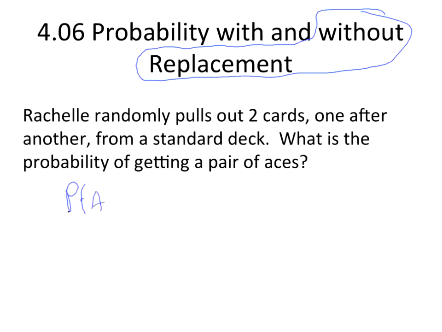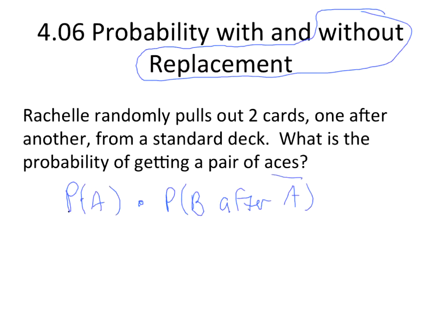She pulled one, she pulled another one. So our formula is the probability of A times the probability of B after A. This is going back to the general definition. We're going to fill it in with real words in a minute. Because right now you're like, what does that mean? It's weird.